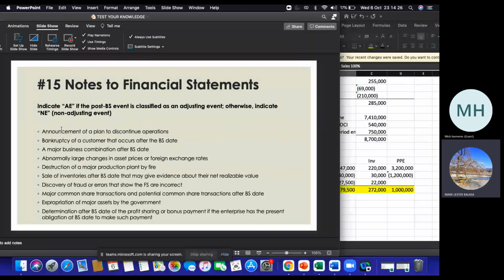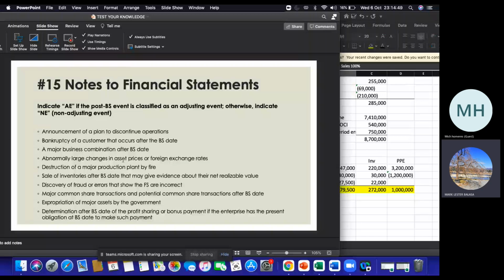So, announcement of a plan to discontinue operations is considered non-adjusting event, right? Next, bankruptcy of a customer that occurs after the BS date is considered as adjusting event, right? A major business combination after the BS date, non-adjusting, okay?